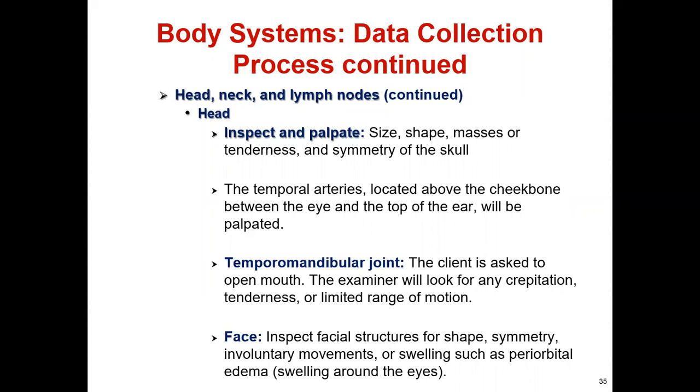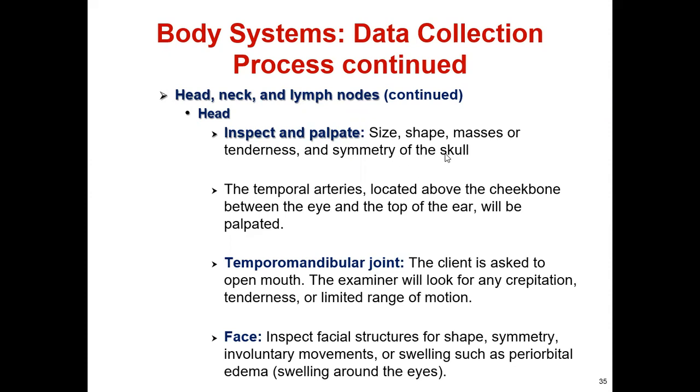Head and neck examination basically consists of inspection, palpation, and auscultation. First of all, we see any kind of pathological mass, its size, shape, or any tenderness, symmetry of the skull.